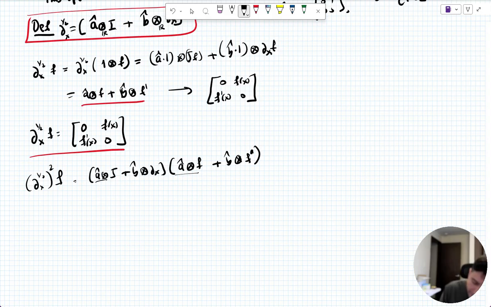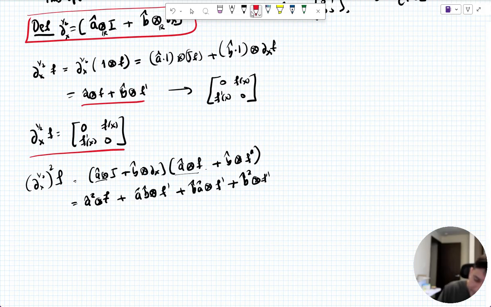Then you get an A squared tensor I acting on f is f, plus AB tensor I acting on f prime is f prime, plus BA tensor the derivative acting on f is f prime of x, plus B squared tensor derivative of f prime is f double prime, right?